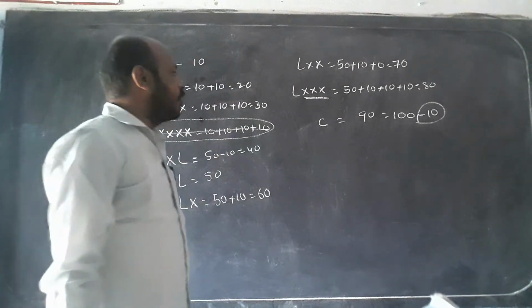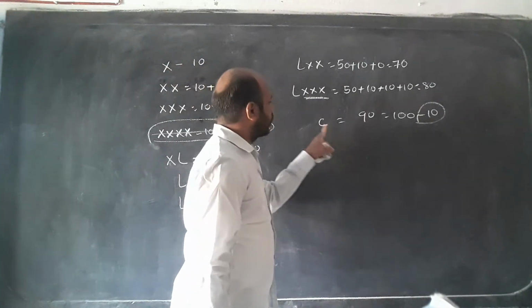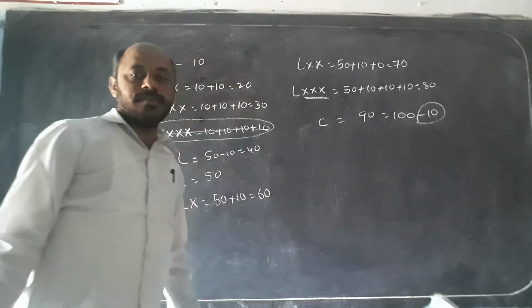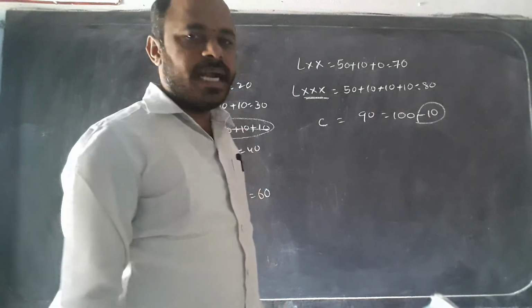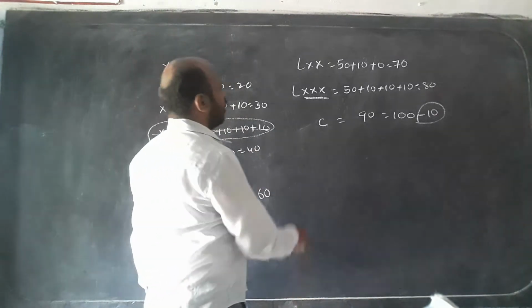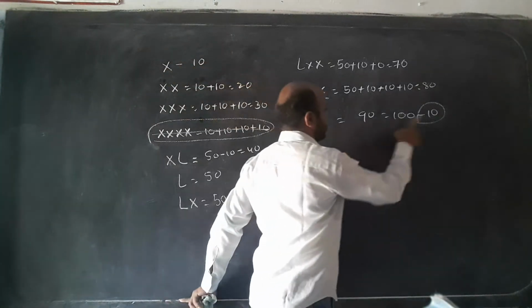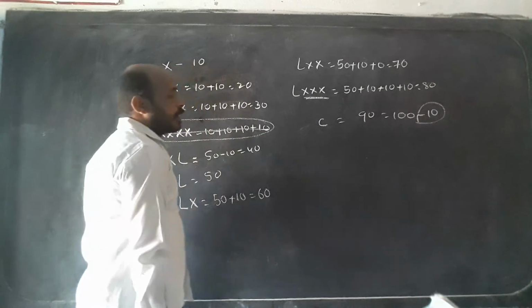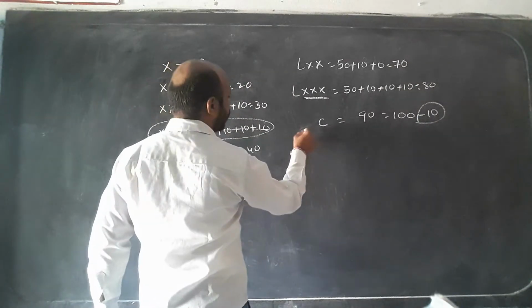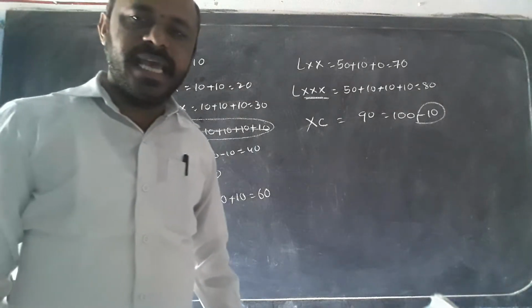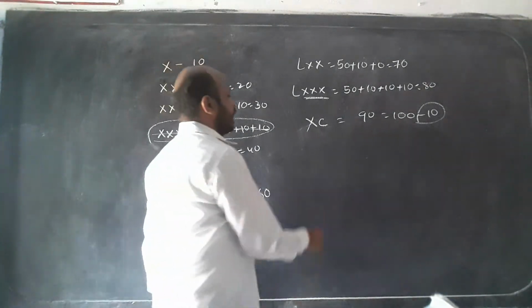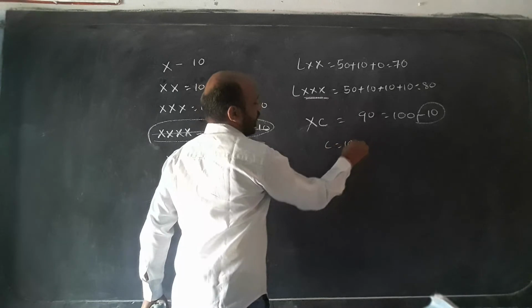The smaller value should be written on the left side of the bigger value. So here, 10 is X, and we subtract X from C. XC becomes 90, then C is equal to 100.